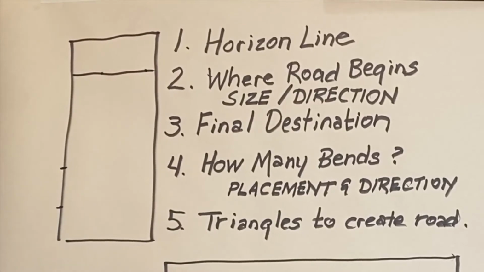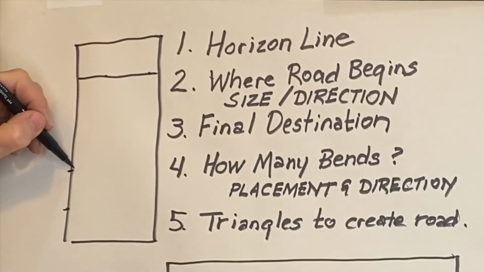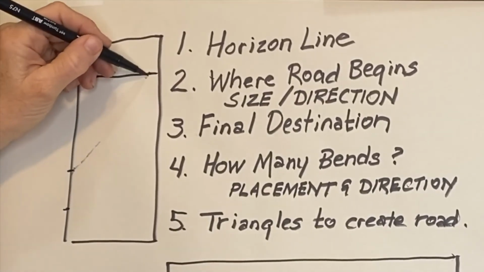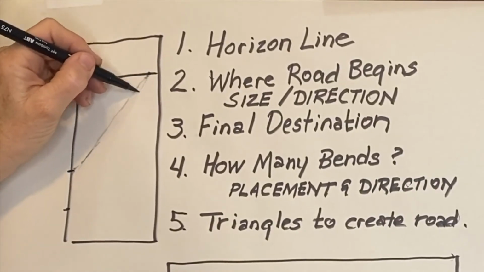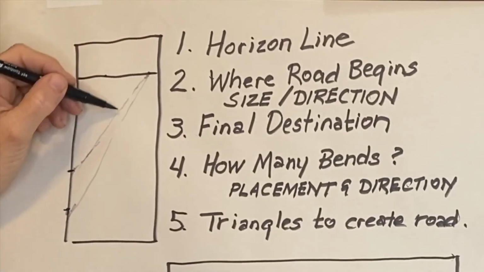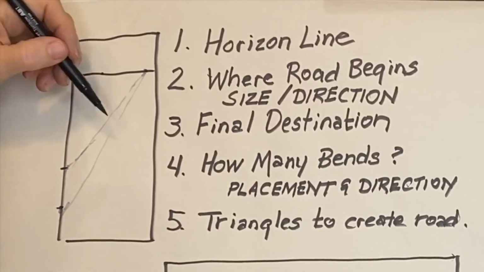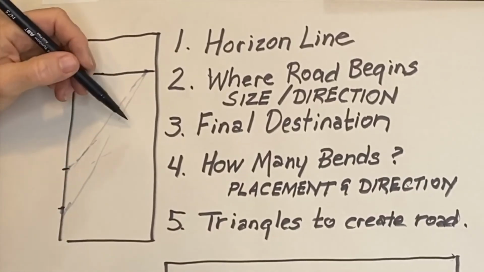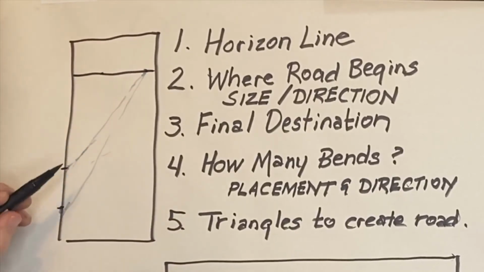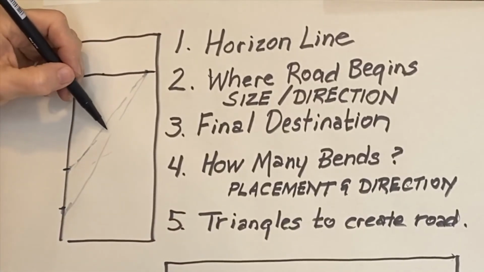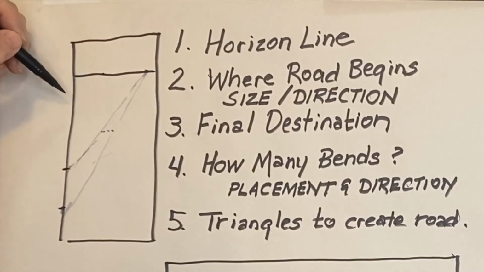So let me get my other marker. The first direction of the road is going to be like this, okay? Whoops. And let's do another bend. No, I can't go any further that way. My direction can't go any further that way. Let's bend it pretty starkly over here.